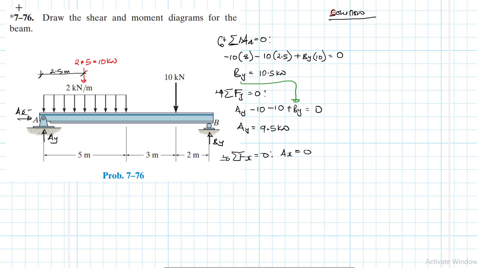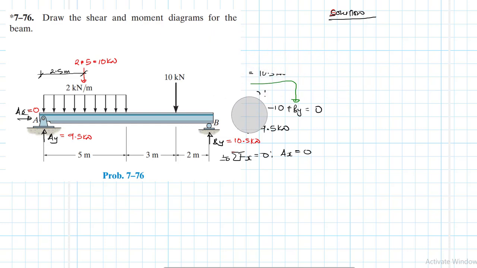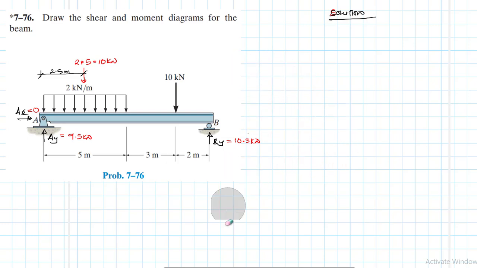So Ax equal to 0, Ay equal to 9.5 kilonewtons, and By equal to 10.5 kilonewtons. All right, let's get rid of this stuff so that we can work on the problem.